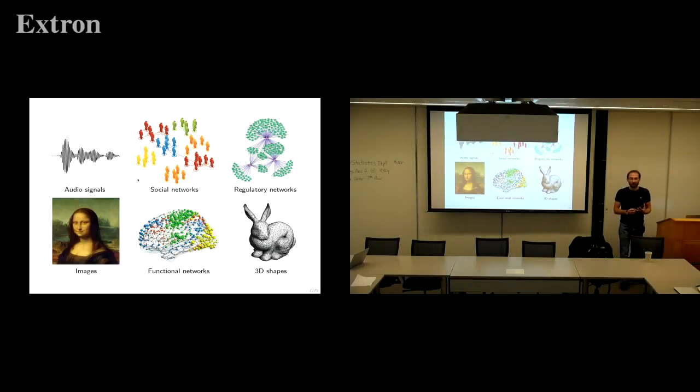You can think of applications from biology, for example, regulatory networks, functional networks in brain imaging. In my field, in computer graphics, computer vision, it is very common to model three-dimensional objects as meshes. These are graphs with some additional information. Basically, these are discrete manifolds. And it is not so obvious how to generalize the successful deep learning methods to this kind of data.